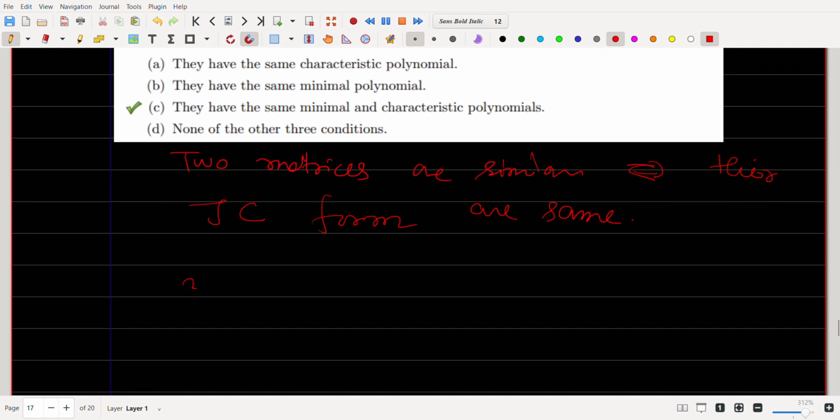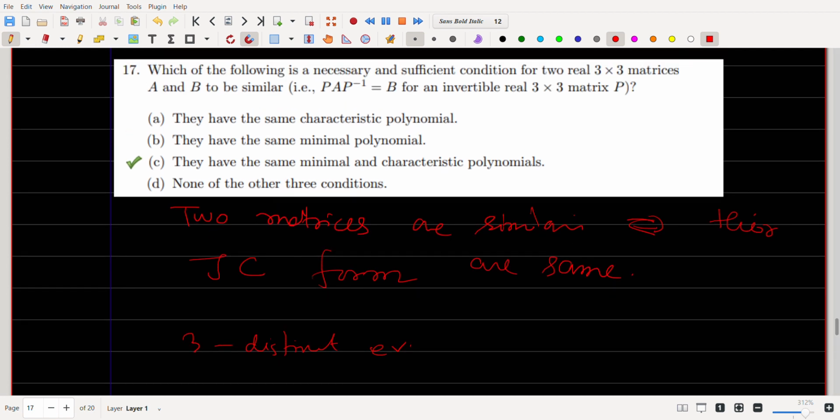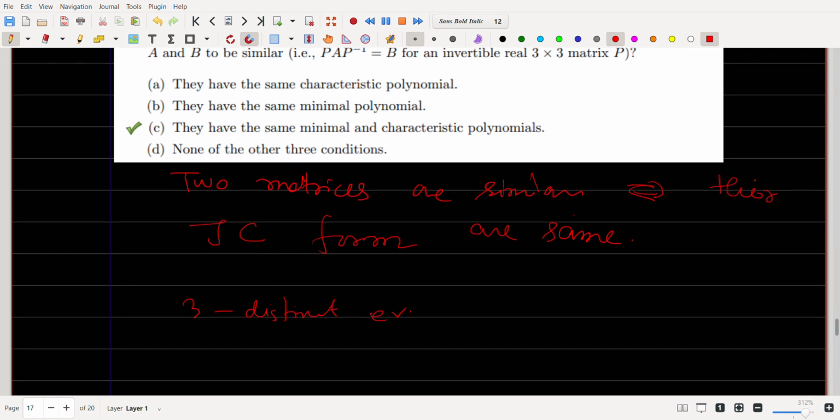Okay, under this condition. Why? Because say it has 3 distinct eigenvalues. Then the minimal polynomial must have distinct roots because it is a 3 by 3 matrix. So that means both are diagonalizable. They are similar because their characteristic polynomials are the same and they are similar to the same diagonal matrix.